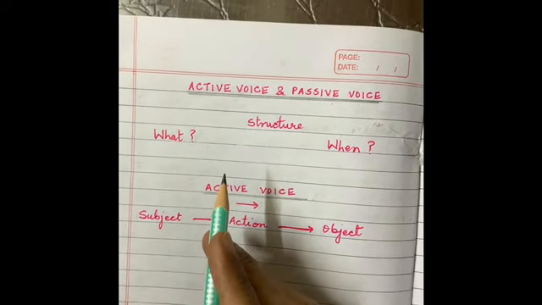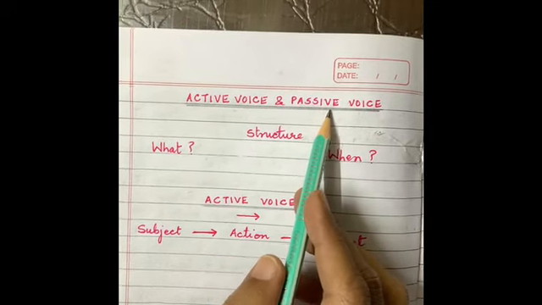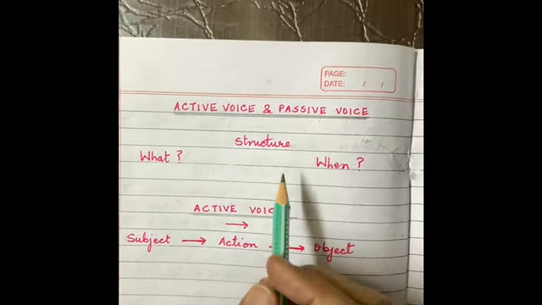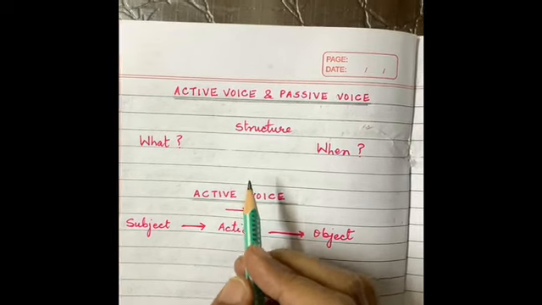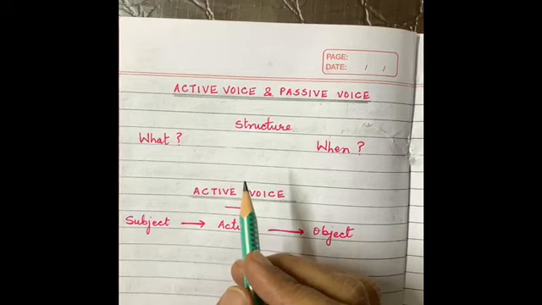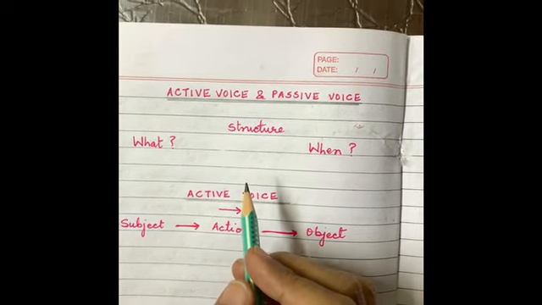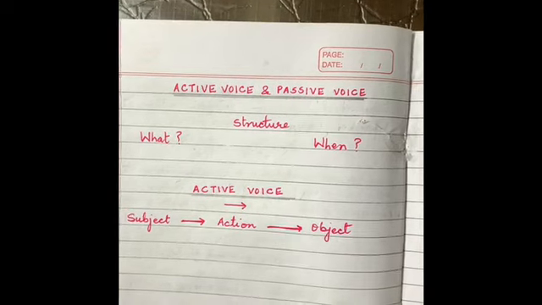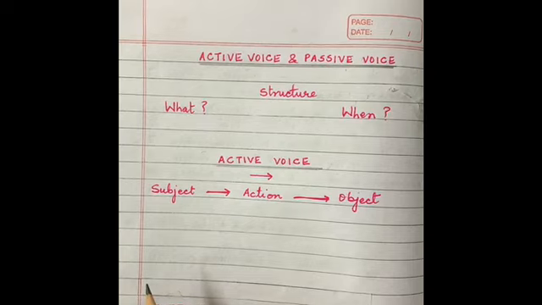So today we will learn how to convert active into passive voice. First of all, let's quickly remember what we have learned in our previous session. There are two ways in which we can describe an action performed by the subject in relation to the object.